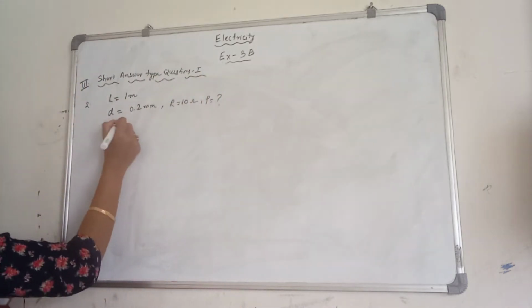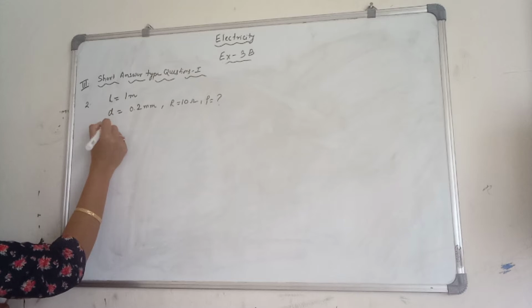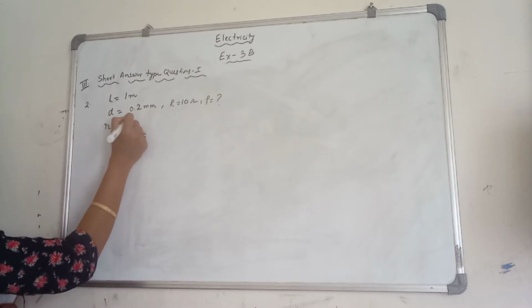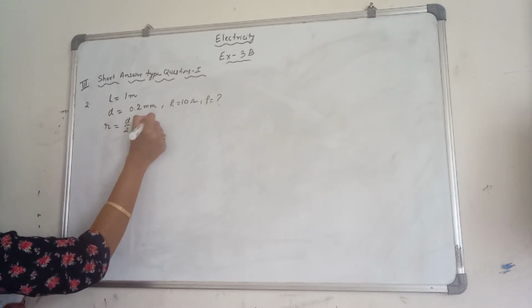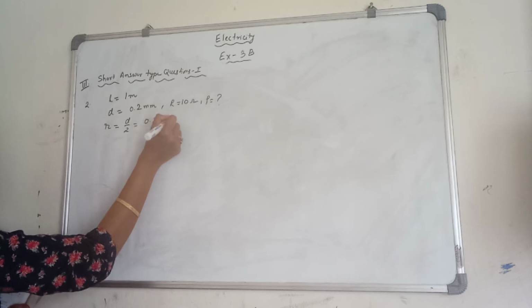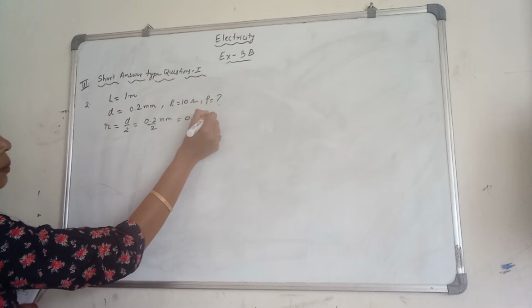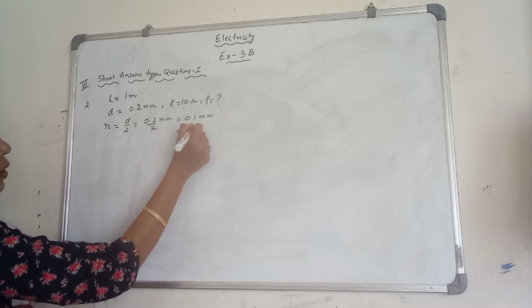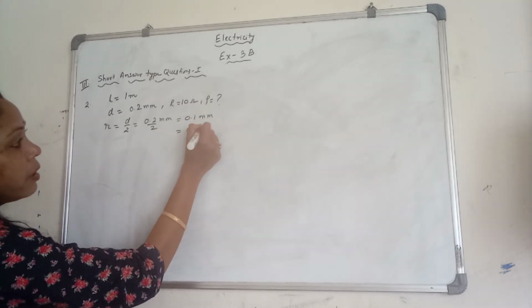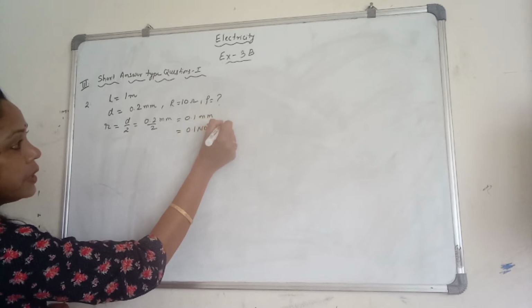So first you convert this diameter into radius. Symbol is r. This is equal to D by 2. So 0.2 millimeter divided by 2, which is equal to 0.1 millimeter. Now 0.1 milli means 10 to the power minus 3 meter.